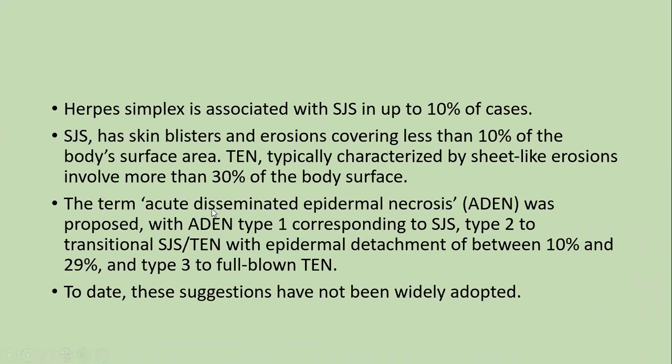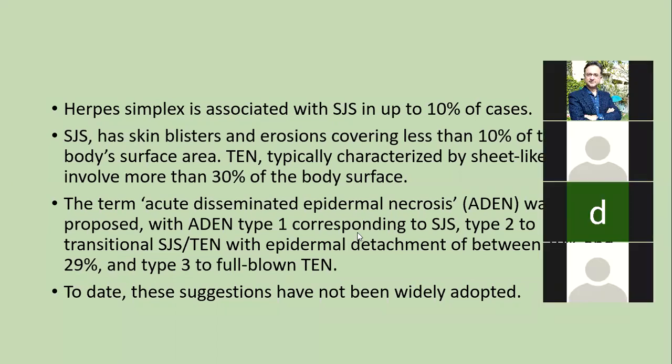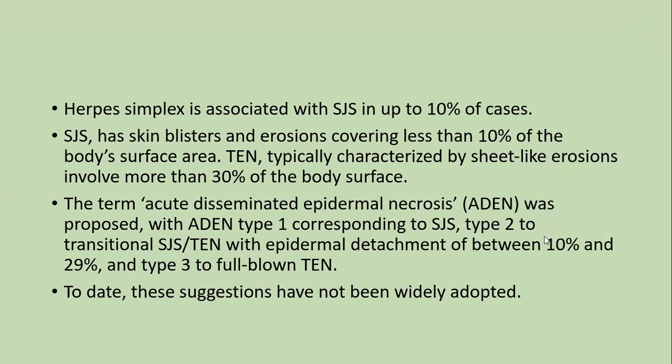The term acute disseminated epidermal necrolysis, or ADEN, was proposed with ADEN type 1 corresponding to Stevens-Johnson syndrome, and type 2 to transition between Stevens-Johnson syndrome and TEN, with epidermal detachment between 10 to 29%, and type 3 as full blown toxic epidermal necrolysis.